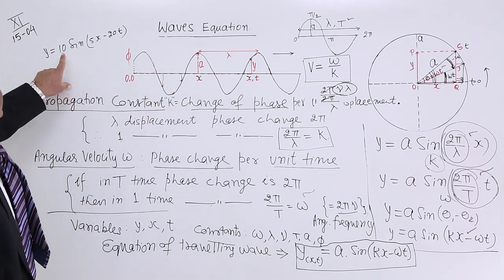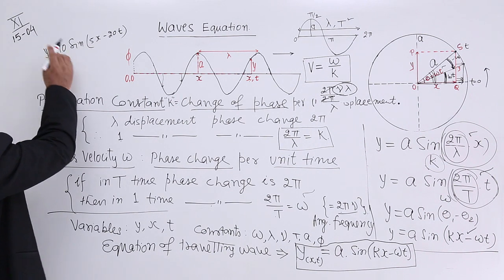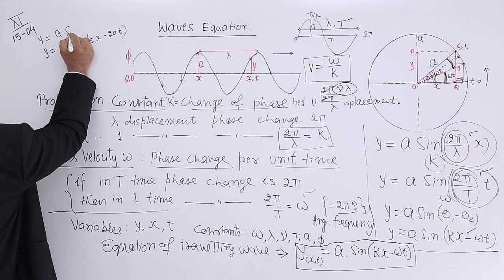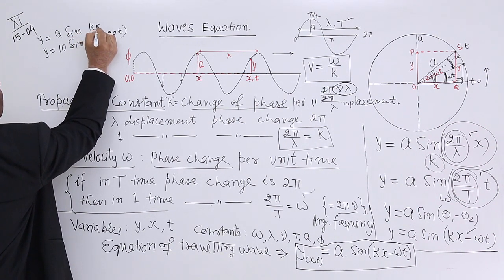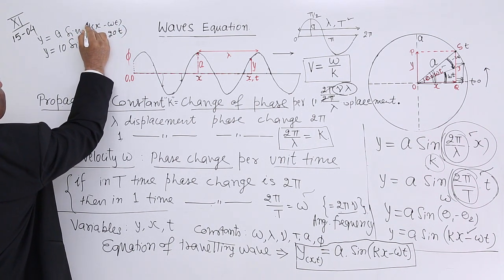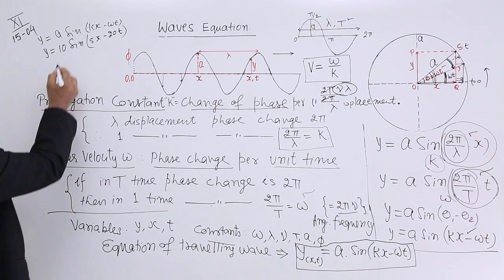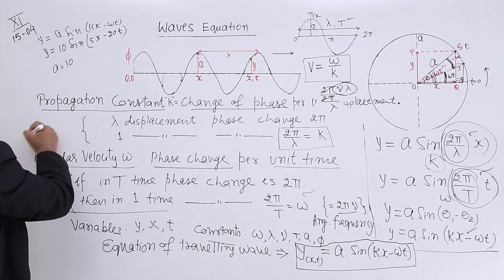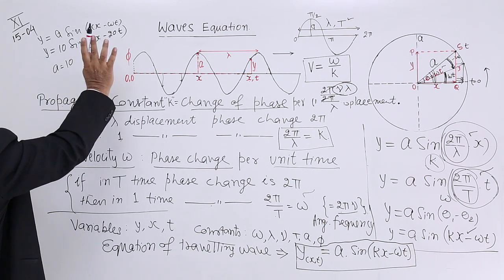Amplitude is written here. I write one model equation here, a sine kx minus omega t. This is the standard format. Now compare. How much is the amplitude of the given wave? 10 centimeter, if it is in centimeter.